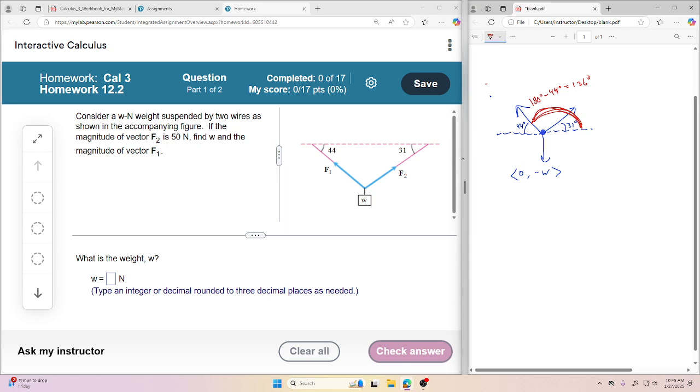So what I'm going to do is I'm going to just call it f because I already got a w. So then I'll do f cosine of 136 and then f sine of 136. Because again, it's just the x and y components in that direction. Cosine, sine, x, and y.